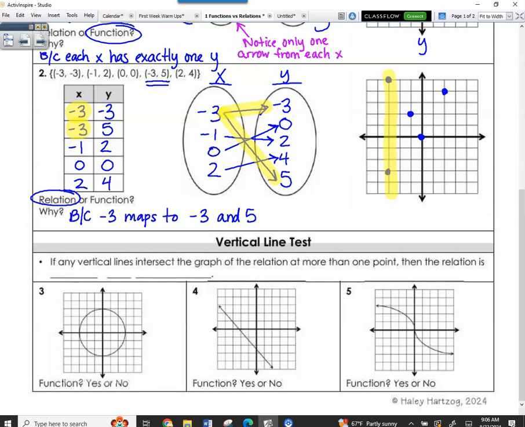So let's come right here. If any vertical lines intersect the graph of the relation at more than one point, then the relation is not a function. The key aspect here is that it's intersecting at more than one point.